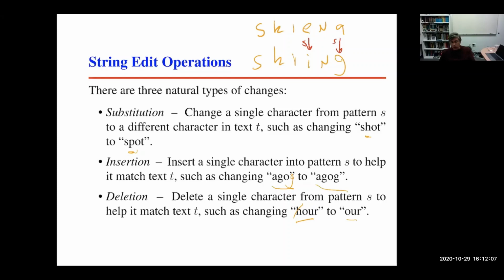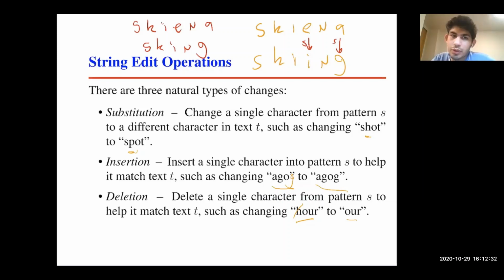What if we want to turn skina into the misspelling of skiing? What is the minimum number of changes it takes to do this? Still 2, but what kind of changes would I make?